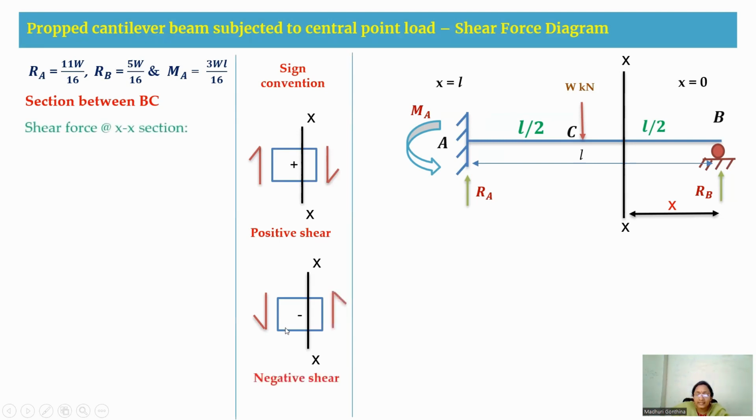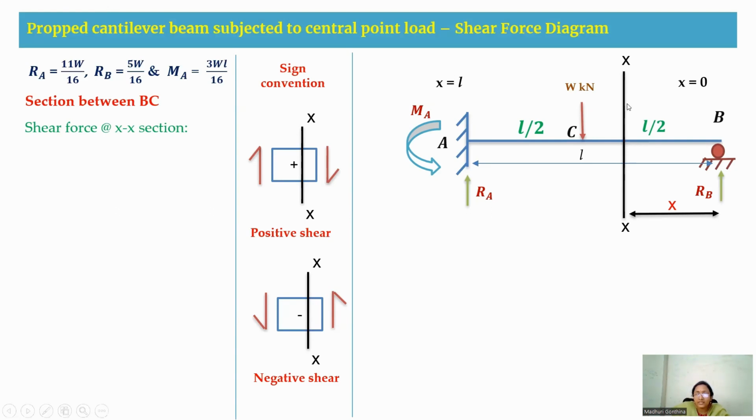In the next case, for negative shear, when the arrow towards the section is in the anti-clockwise direction, then the shear is considered negative. This is how we take the sign convention.